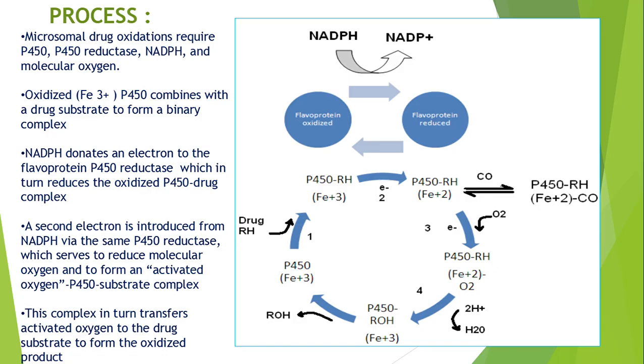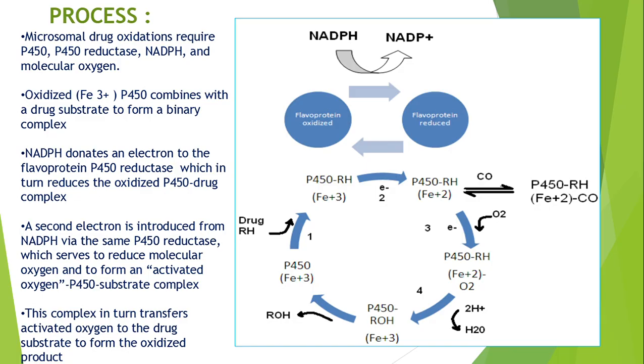In step 1, P450 Fe3+ combines with the drug to form P450 Fe3+ RH, and an electron is added to give P450 Fe2+ RH. Then in the presence of carbon monoxide, a P450 Fe2+ RH carbon monoxide complex is formed. In the presence of oxygen and an electron, P450 Fe2+ RH oxygen is formed, then with 2H+ it turns into H2O, and P450 Fe3+ ROH is formed.